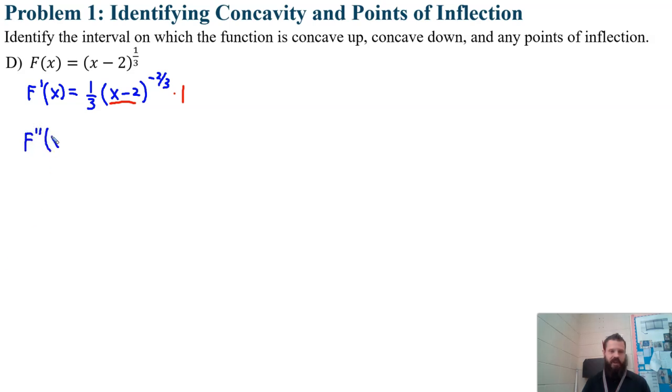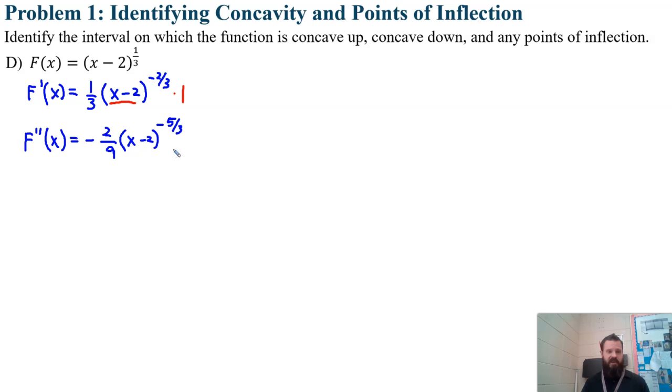F double prime of x will be equal to, multiplying by my power, negative 2/3 times 1/3 would be a negative 2/9 times that x minus 2 to the negative 2/3 minus 1 would be a negative 5/3. All right, chain rule again, we'd have a 1 for that inner function, so nothing to worry about there.